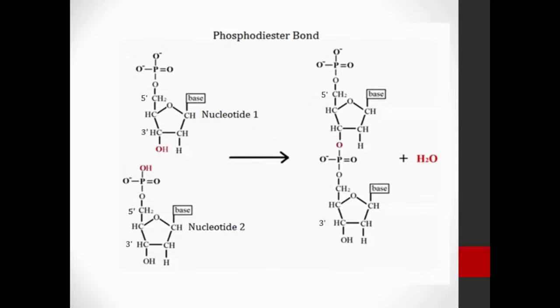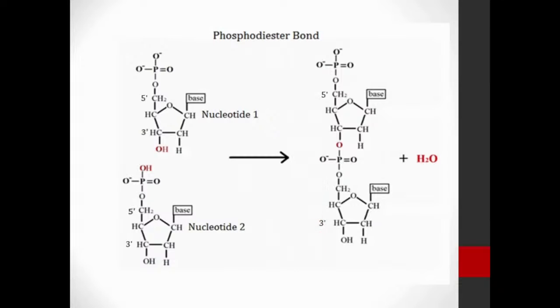In this way we have shown you the formation of a dinucleotide chain, and this is the 5' position of the dinucleotide chain, and this is the 3' position of the dinucleotide chain. So we can say that this dinucleotide chain is running from 5' to 3' direction.